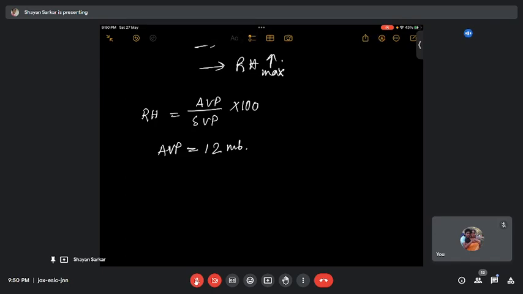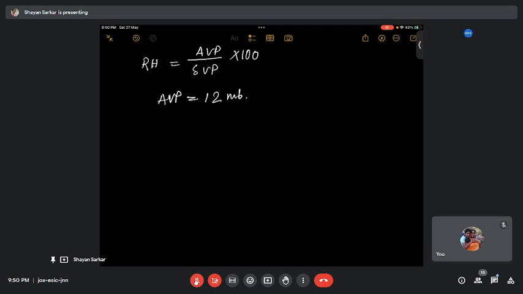Actual vapor pressure condition at any temperature, or suppose at any temperature is 12.